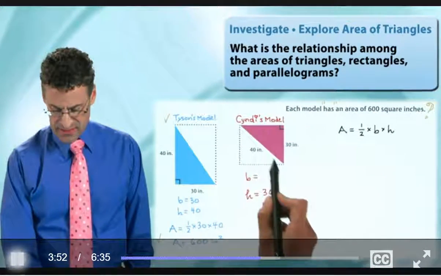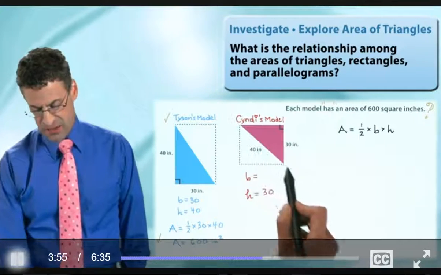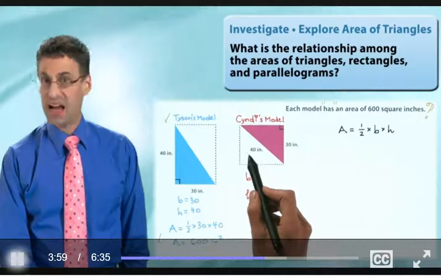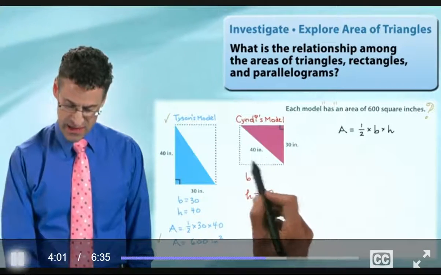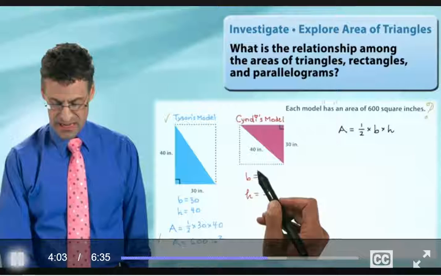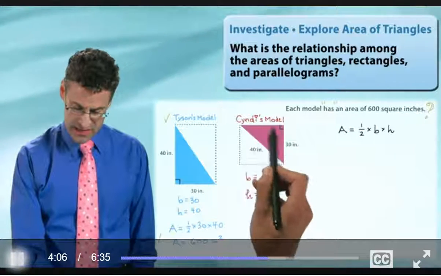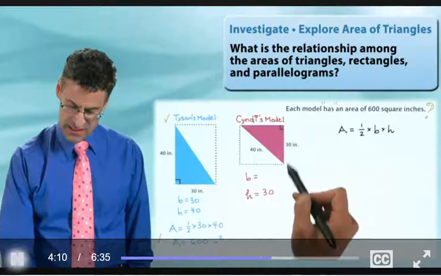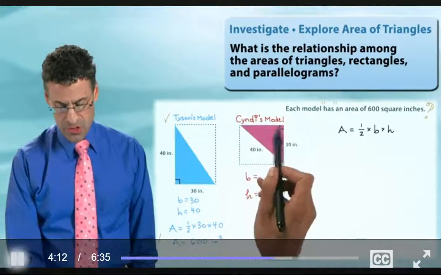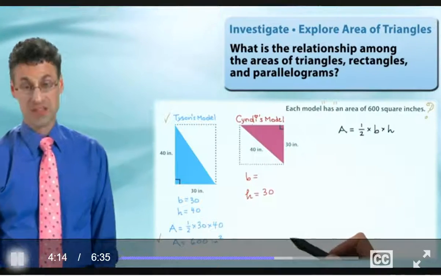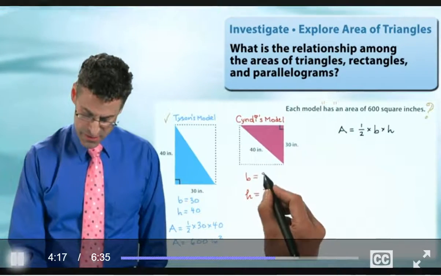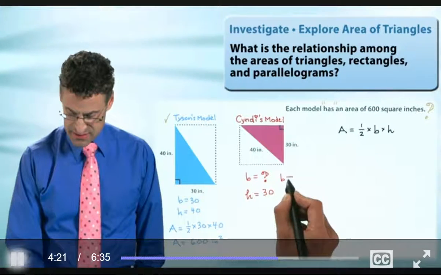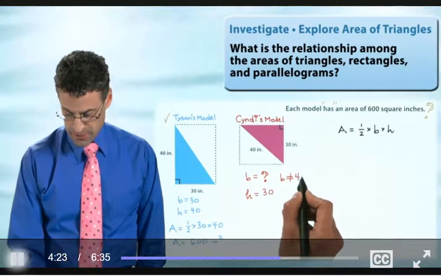All we know is that this diagonal length is 40. But that's not the height, and it's not the base. It's neither, because this represents the length of the base, and this represents the height. So we don't know what the base is, but we know it's not 40.